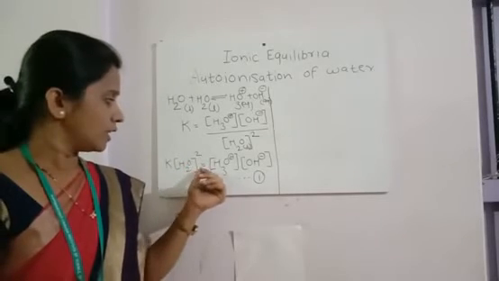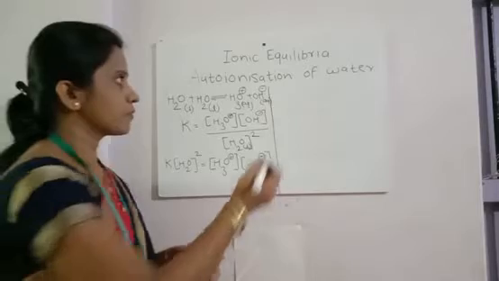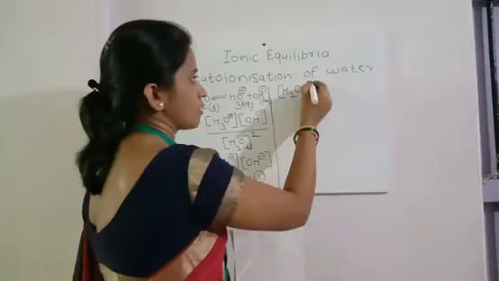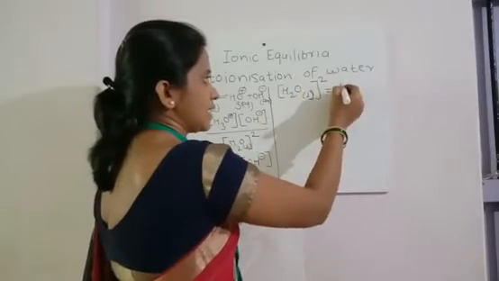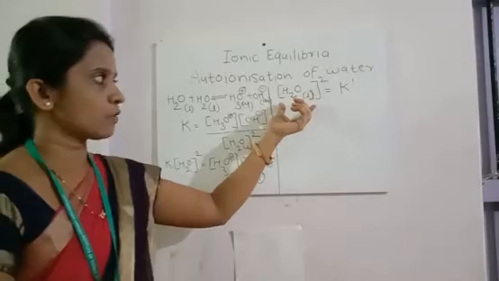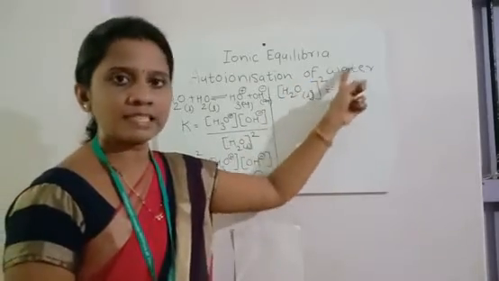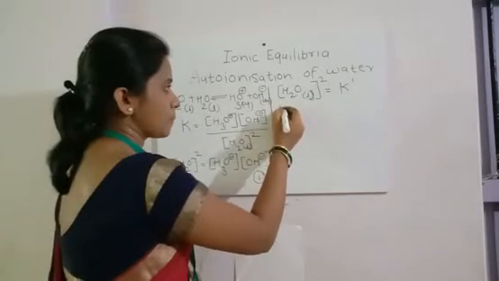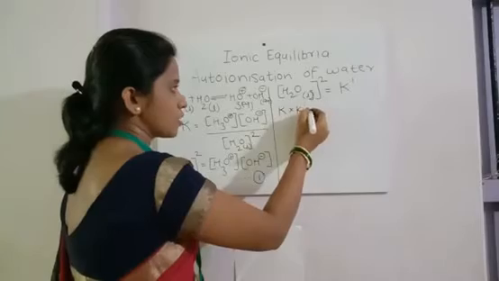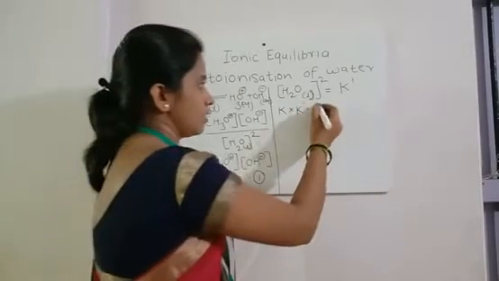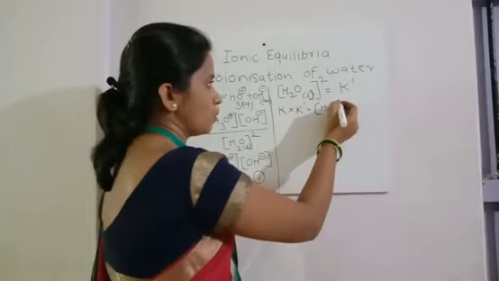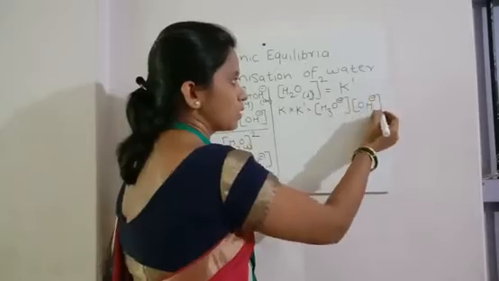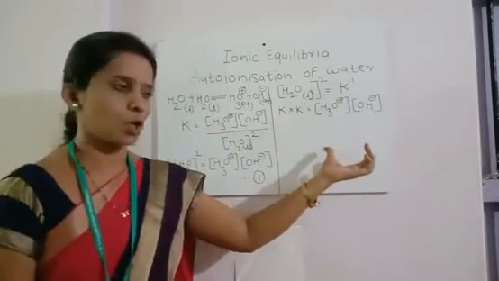So let us consider this concentration term, concentration of H2O raised to 2, as another constant K dash. So what will be the expression? K into K dash is equal to H3O plus ions concentration into OH minus ions concentration.